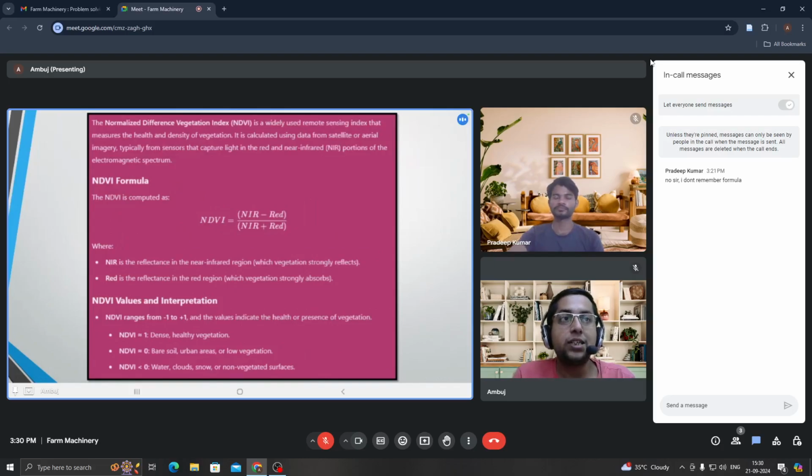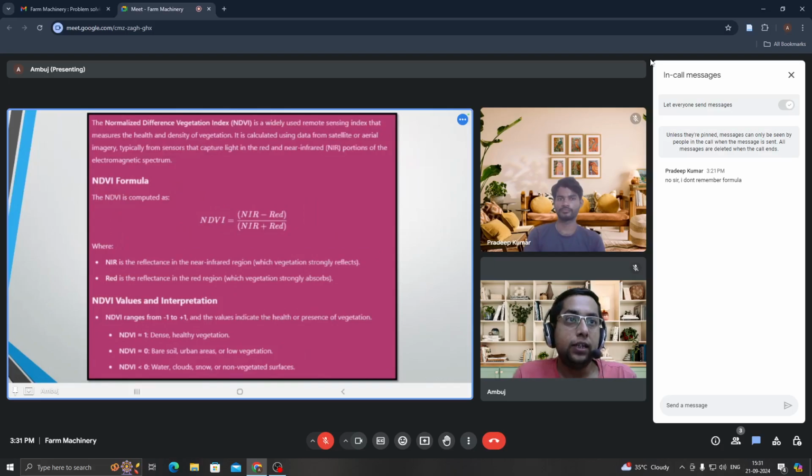Both portions must be present in an image. In an RGB image, whatever you are seeing on your screen, that is red, green, blue. These are the primary colors. Every image is constructed from these three colors only.